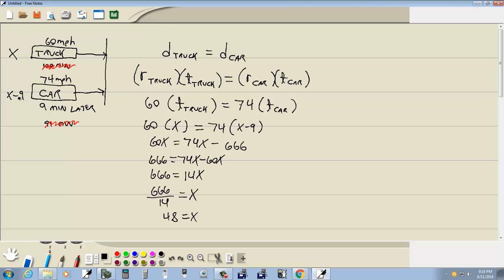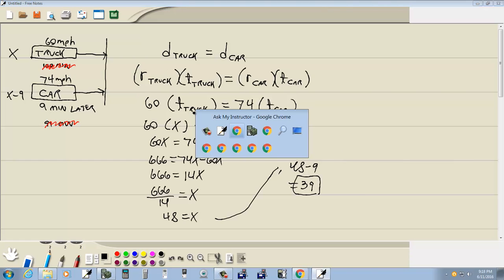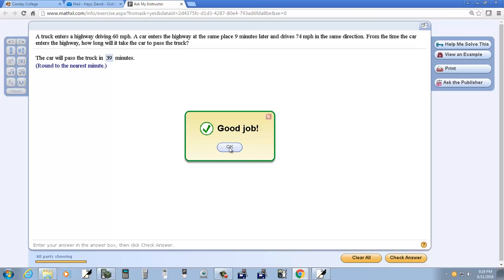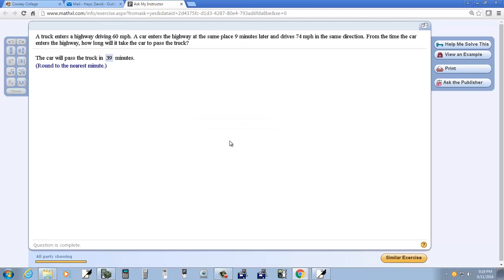Okay, they're asking specifically for the car, so we'll do 48 minus 9 gives us 39 minutes. That's assuming I'm not reading it wrong. Well, let's check it and see. 39 minutes. Okay, it was 39. And that would be our answer.